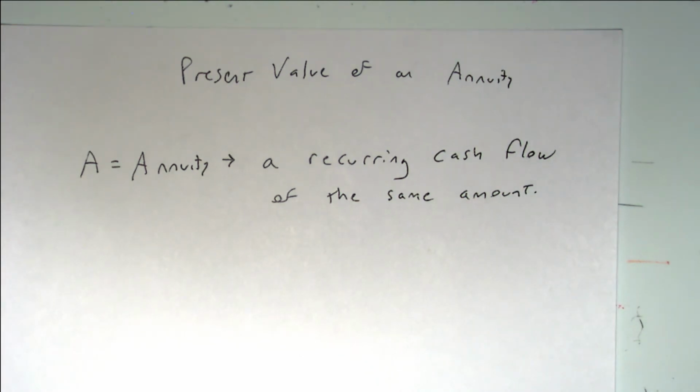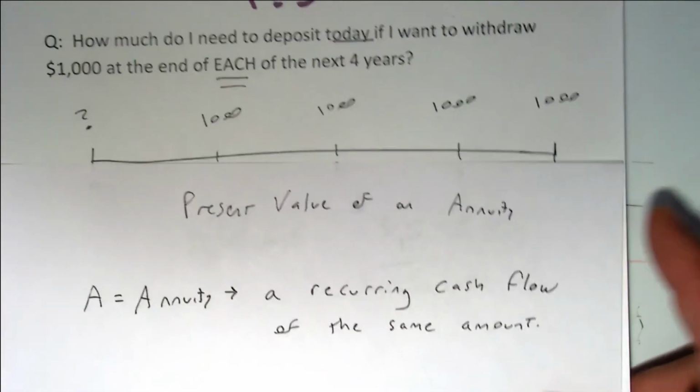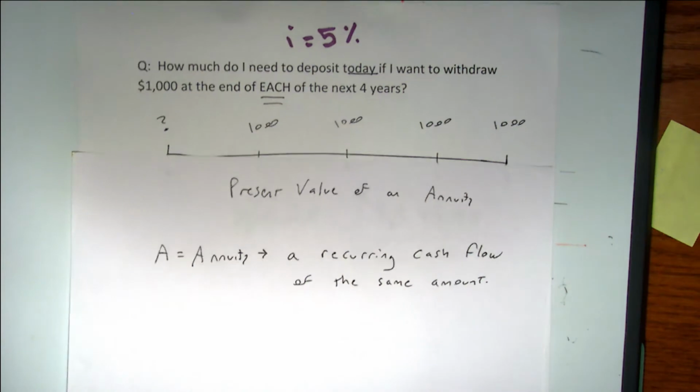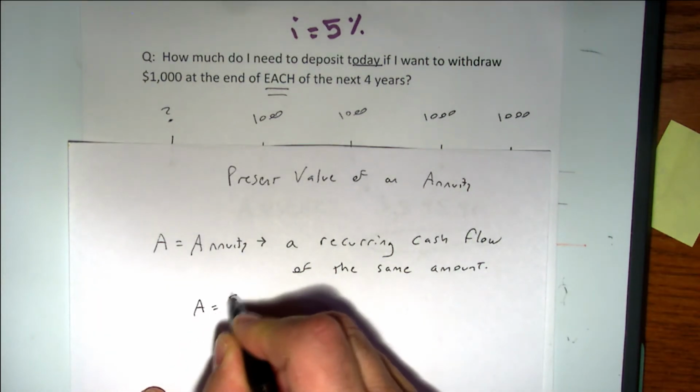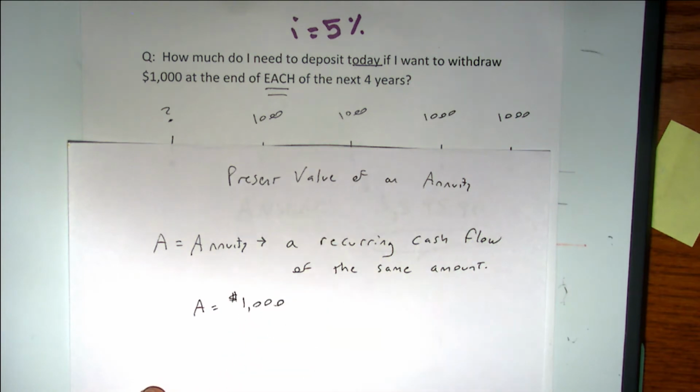So, in this one right here, what was the annuity? What amount was it? $1,000? Yes, A equaled $1,000 in this previous example.